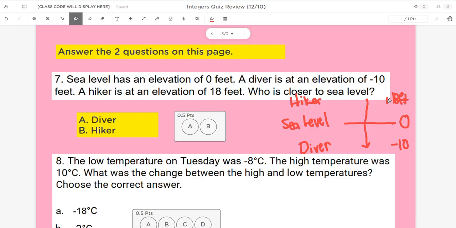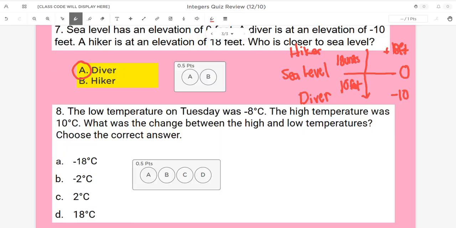Okay, so positive 18. Who is closer to sea level? So from sea level to the hiker, it's 18 units, 18 feet. From sea level to the diver, it's 10 units or 10 feet. So the diver is closer to sea level. So you're going to select A for that one.